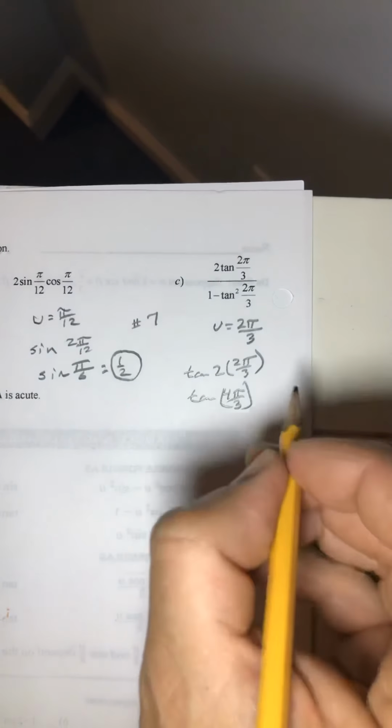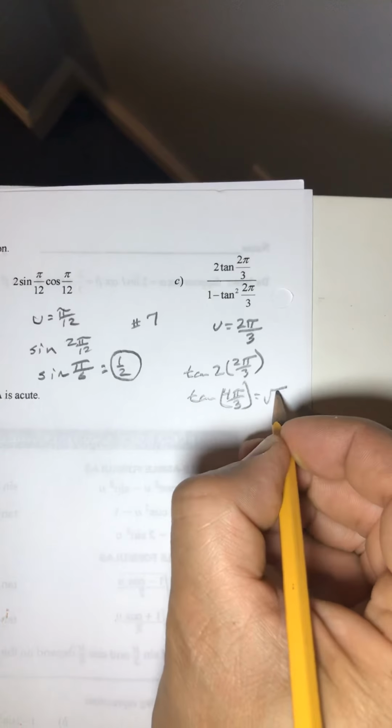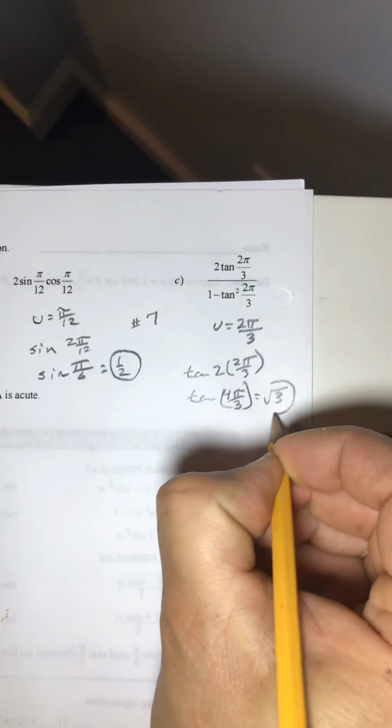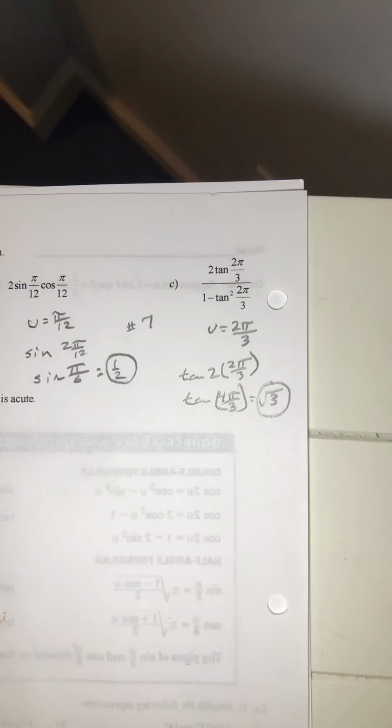And the tan of 4 pi thirds, if you want to get the graphic out from yesterday's work, it may help, is radical 3. All right, so enough of that.